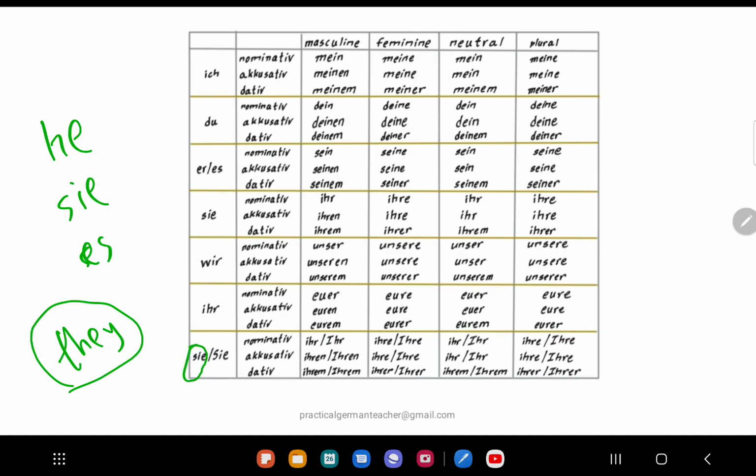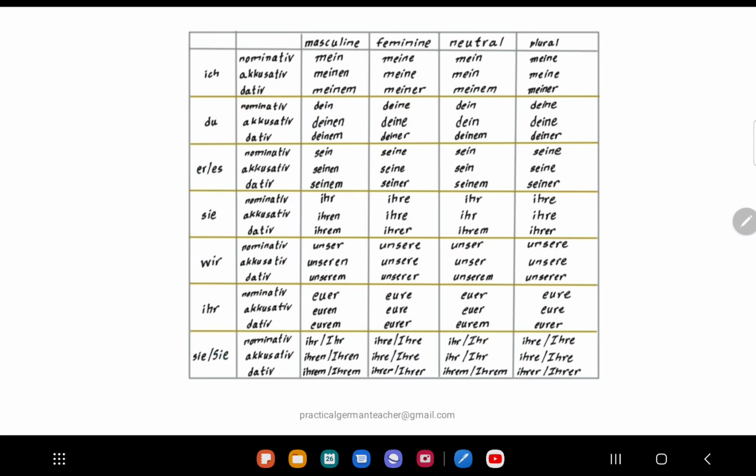Okay, and what is this capital Sie? So capital Sie always, you use this in formal scenarios, when you are being formal with them. It also means direct, so you are talking directly to people, not like er, sie, indirect, something like du and ihr. But du and ihr are informal, right?